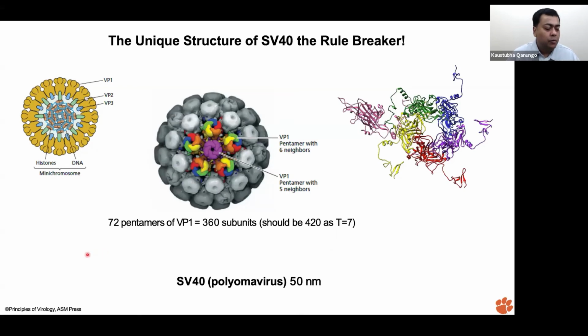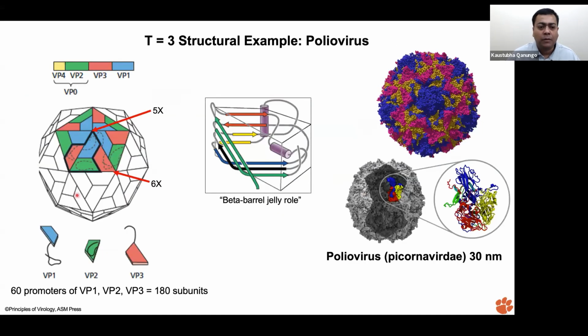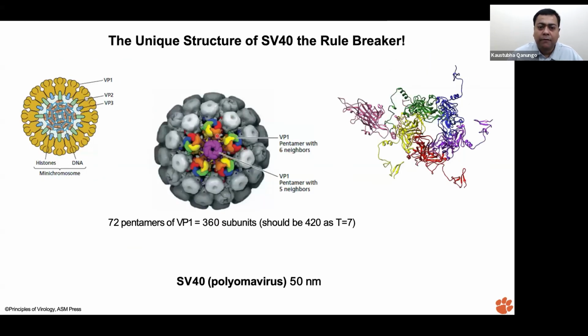So compared to the poliovirus, which actually forms a very tight capsid, the structure, due to this difference of 360 subunits instead of 420, is more like a bristle-like structure. There is a little bit of opening in between these bristles.